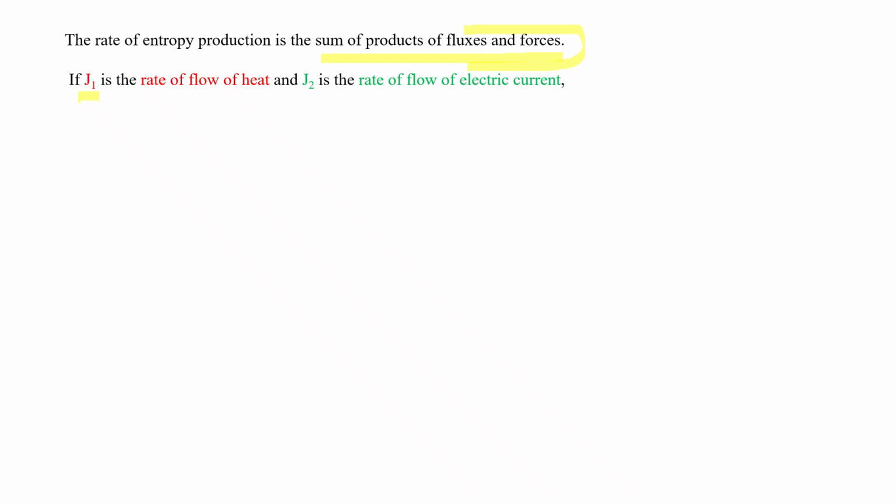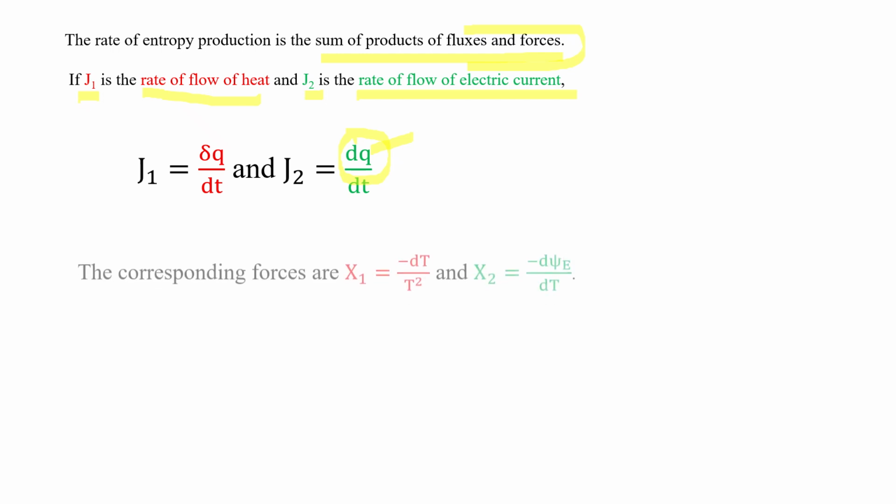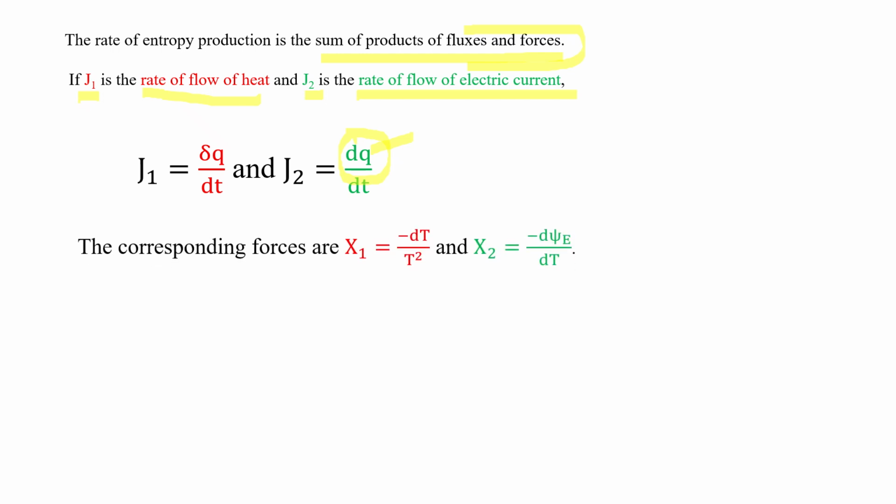Now J1 is the rate of flow of heat, and J2 is the rate of flow of electric current. So J1 is equal to del Q by dt, and J2, since it is the flow of electric current, will be due to the flow of charge, so it is represented as dq, which we have discussed in the previous slide.